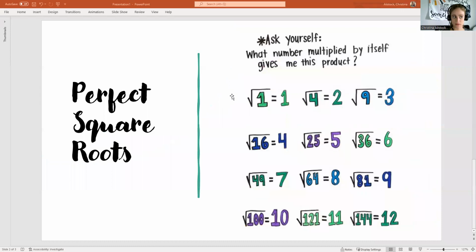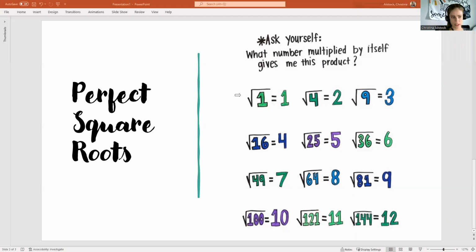The other side of this, and the side that you're going to be seeing a little bit more often on the IXL assignment, would be our perfect square roots. So this is the inverse, it's the opposite of our perfect squares, because when you take the square root of something, we are undoing that exponent.